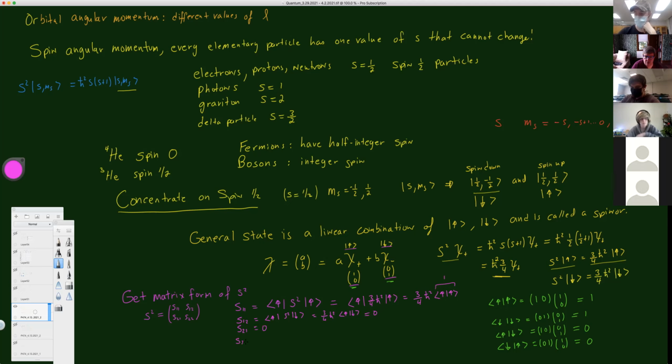And S22 is down, s squared down, which is 3/4 h bar squared down, and that inner product is 1. So it's just 3/4 h bar squared. So this matrix is 3/4 h bar squared times the identity matrix 1, 0, 0, 1, just like Jackson said. Very good.